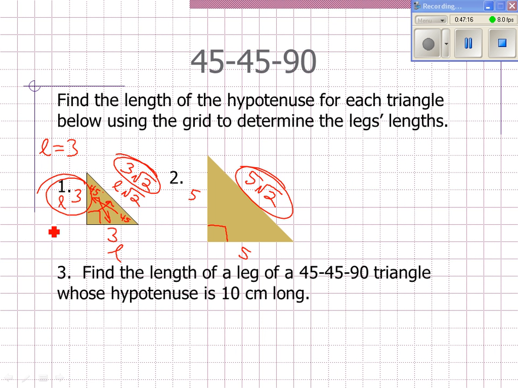We got this 45, 45, 90 triangle. And they tell us that the hypotenuse, that's the side across from the right angle, is 10. Sides across from the 45-degree angle should be labeled L and L. Side across from the right angle, L radical 2. So this one is easy?